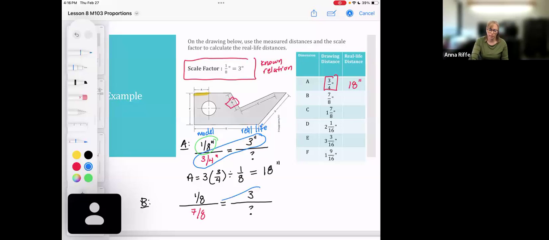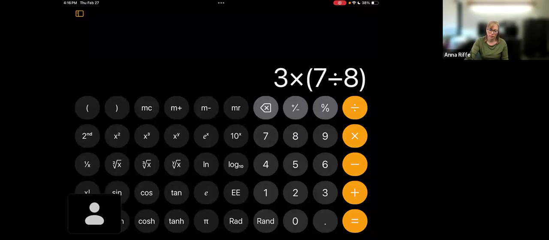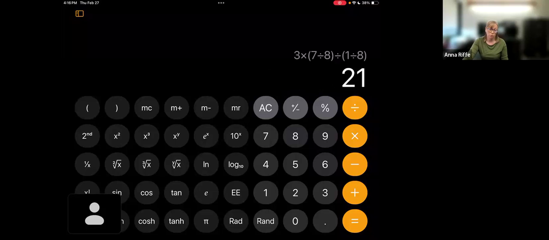We're going to solve it the same way. Multiply these two together, divide by this. So I get B is equal to 3 times 7/8, which you could convert to decimal notation if you want to, divided by 1/8. And we get 21 inches.